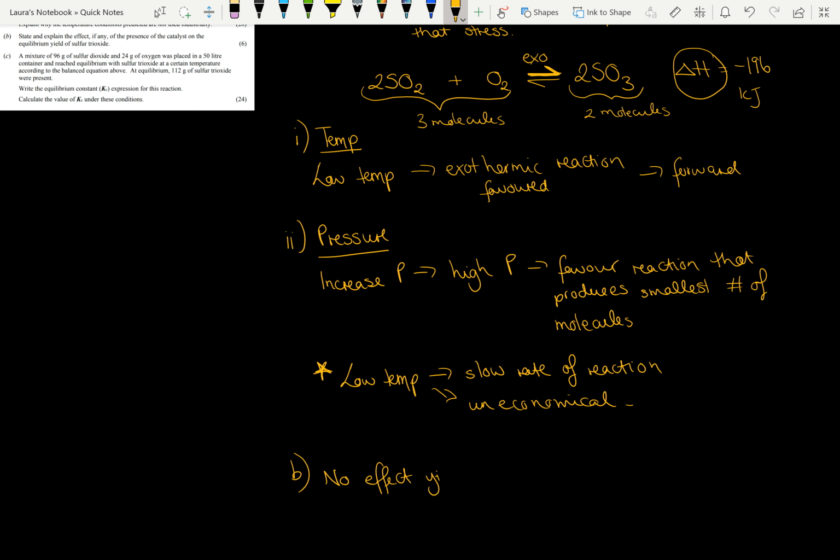It will have no effect on the yield, but what it will do is speed up reaching equilibrium. So a catalyst doesn't affect where equilibrium lies, but it does affect the speed that equilibrium is achieved. My writing went a bit wonky there.